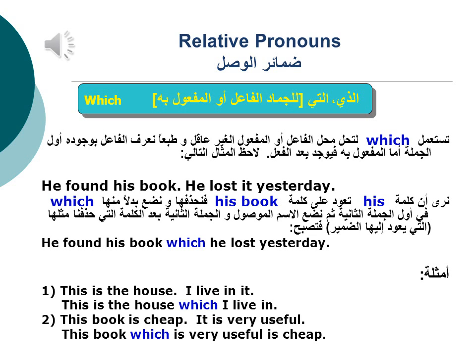It's very useful. This book, which is very useful, is cheap. Notice that in the first example, which refers to the object, which is the house. In the second example, which refers to the book, to this book, which is the subject.